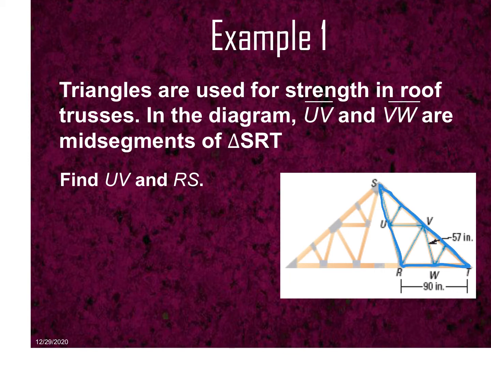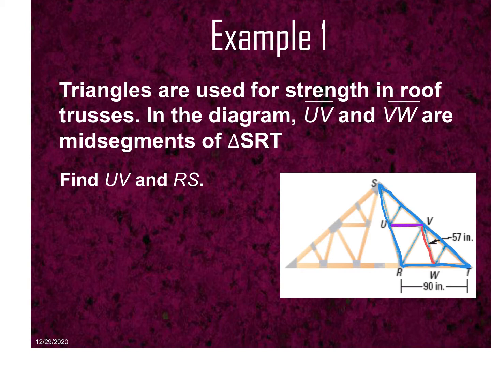And they're also telling us that UV is a mid-segment and so is VW. It wants me to find the length of UV and of RS. So let's work with the purple one first.